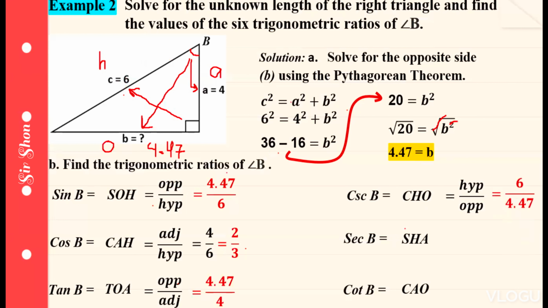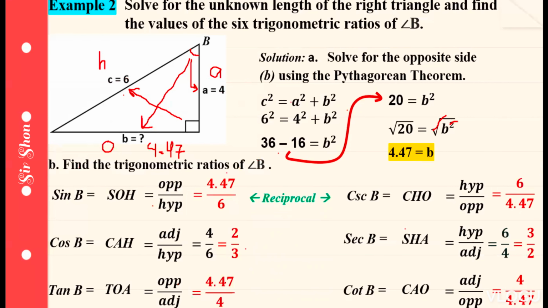For secant B, our formula is sha, or hypotenuse divided by adjacent. Our hypotenuse is 6 and our adjacent is 4, or in simplest form, 3 over 2. For the last one, the cotangent, the formula is kau, or adjacent divided by opposite. Our adjacent side, again, is 4, and our opposite side is 4.47.